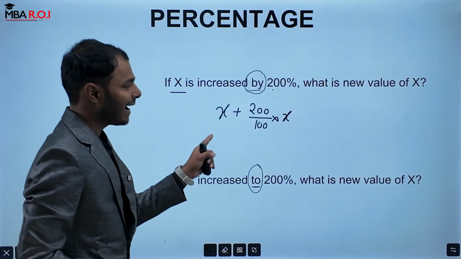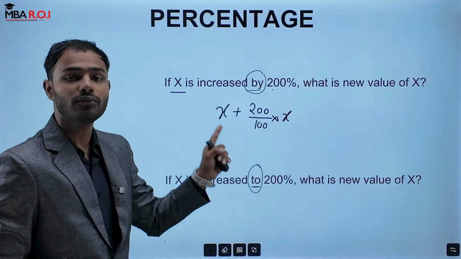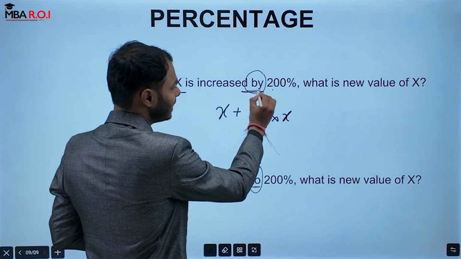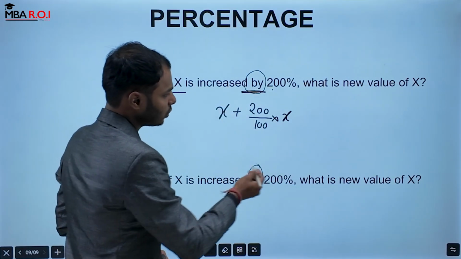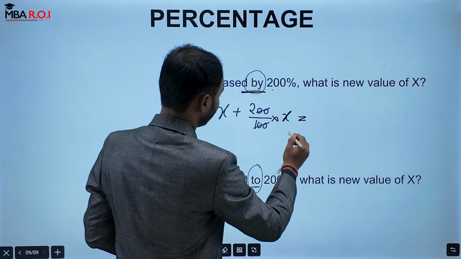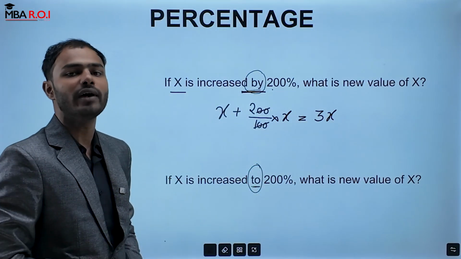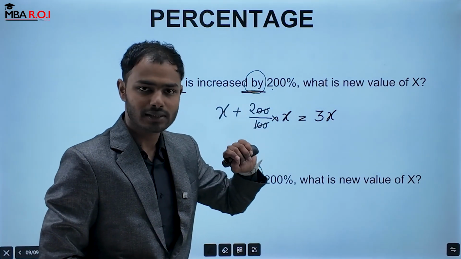So we need to add 200% of x to the x. This is what we have to do when we have increased by. So what will be the final answer if you solve? This will be cancelled and finally we will get 3x. So the new value will be 3x.